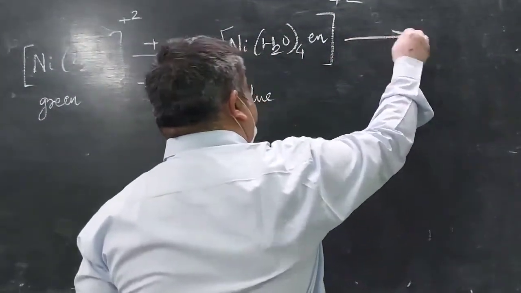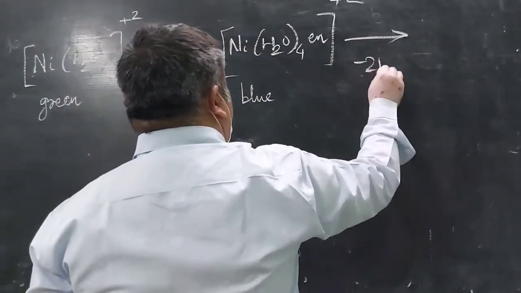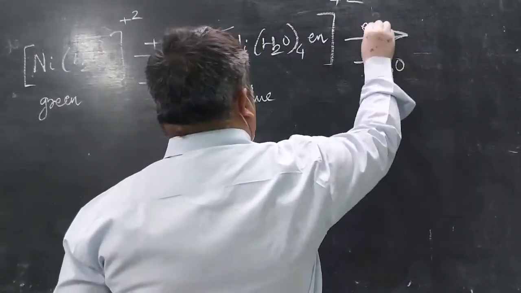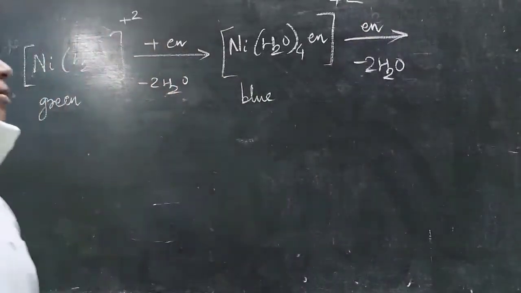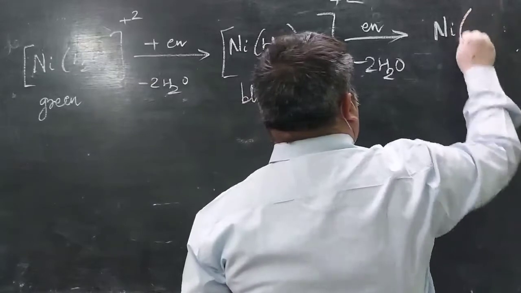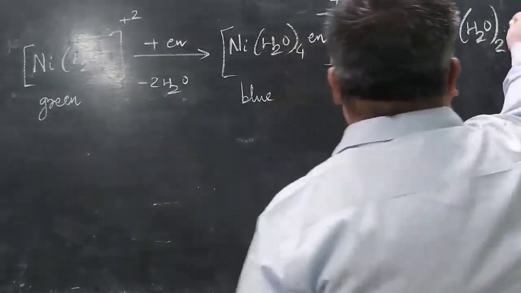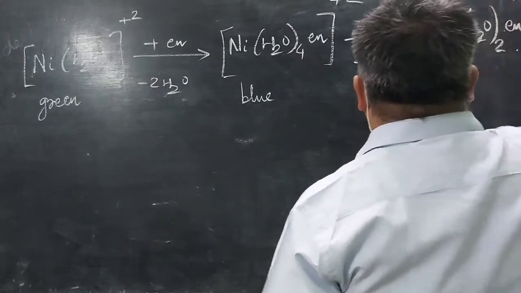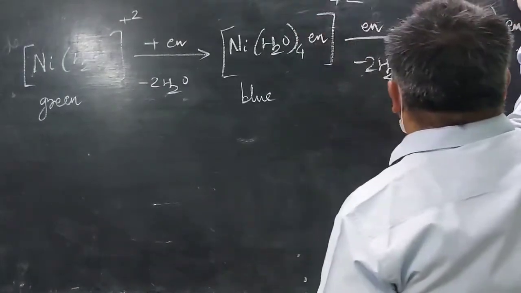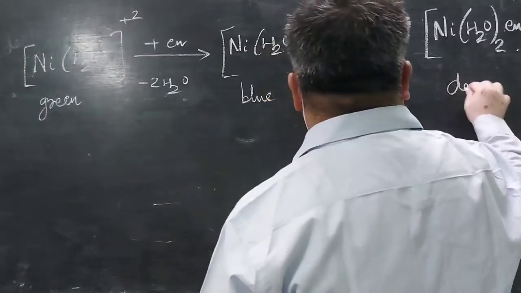Further, if you take out 2 more H2O and substitute with another en, it will form nickel (H2O)2(en)2 plus 2. This will be deep blue in color.